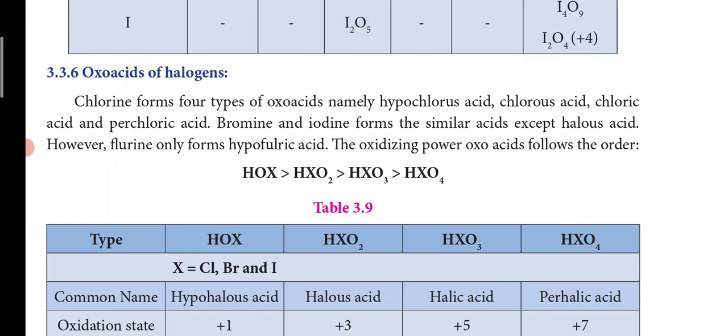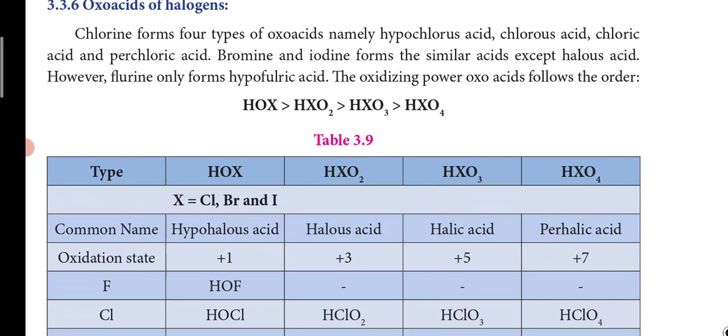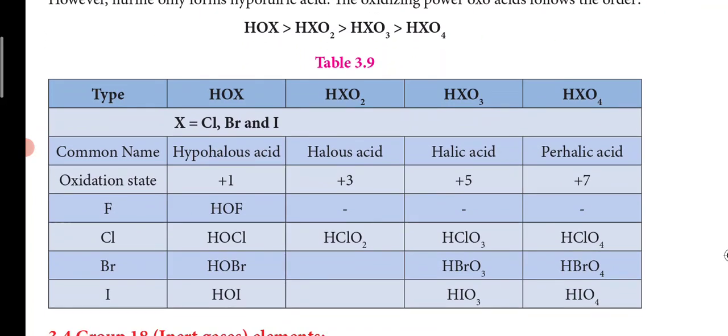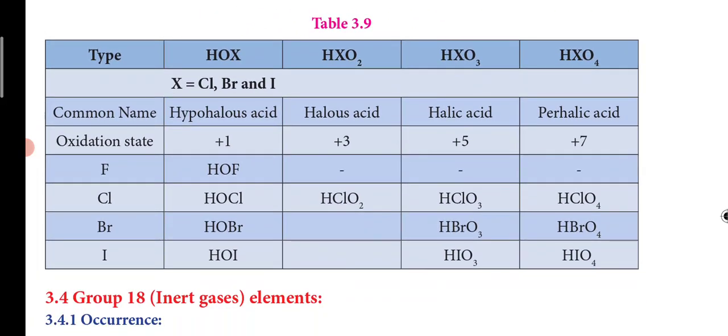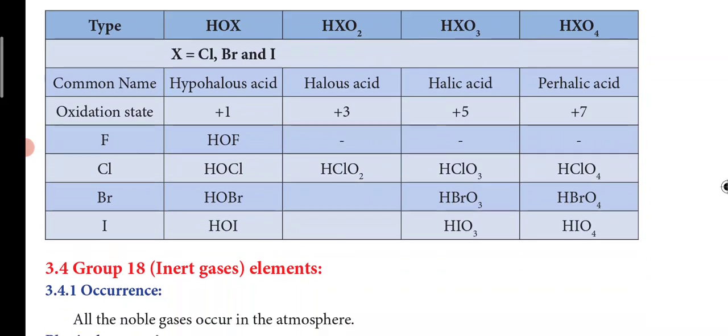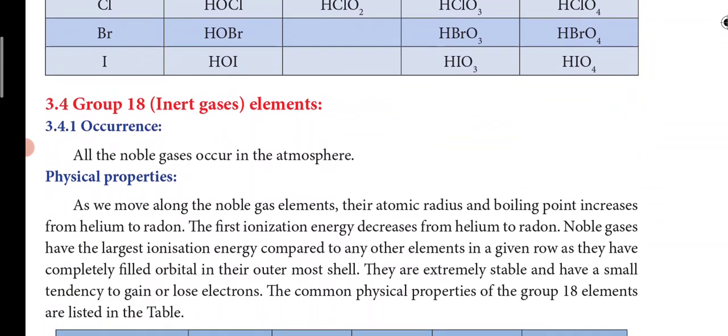The oxidizing power of oxo acids is greater for hypohalous acid than halous acid, which is greater than halic acid and perhalic acid. Their oxidation states are given for the respective halogens, fluorine, chlorine, bromine and iodine. So you just go through that table.